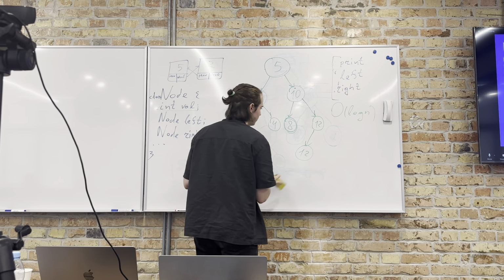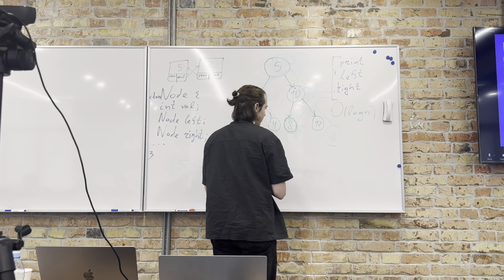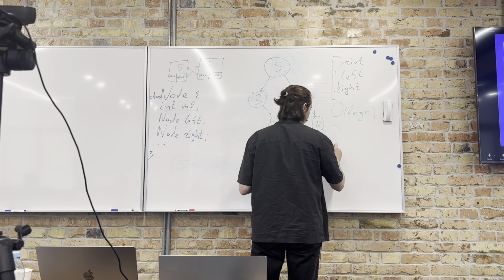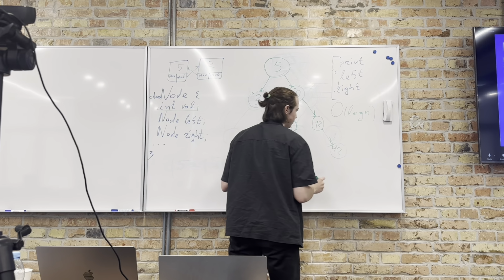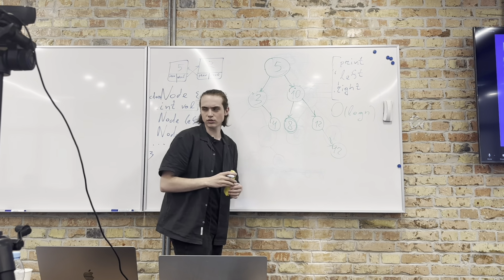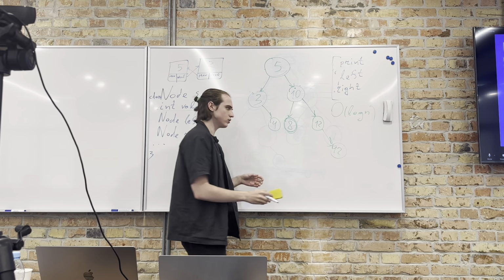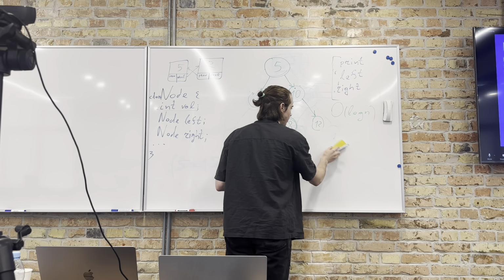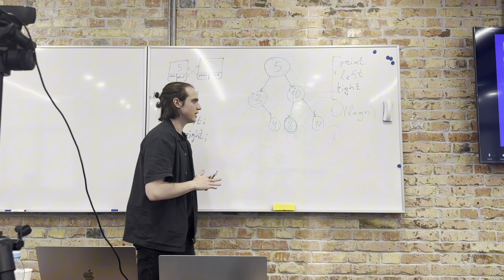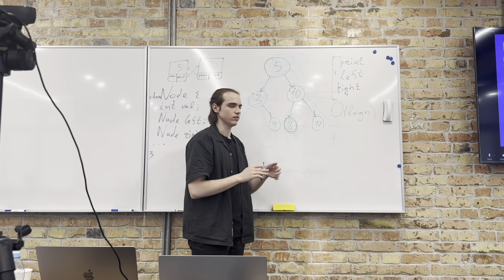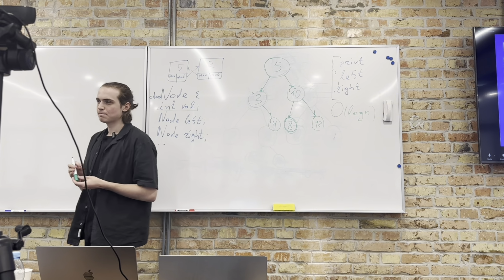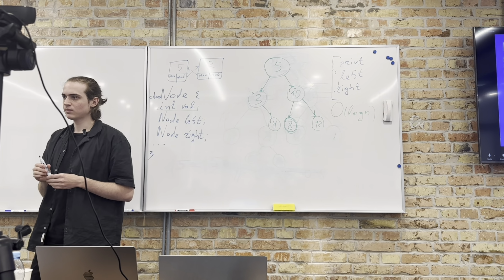Or we can say that it goes to the right side. You decide for your needs. Or you can say that we are not saving the same element because we already have it. So if it's just a simple integer, it becomes a set.